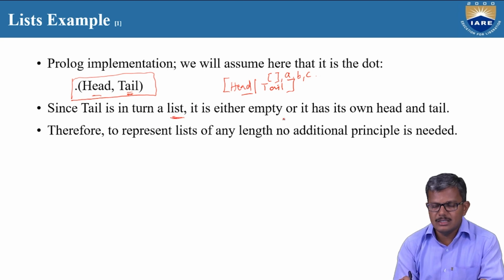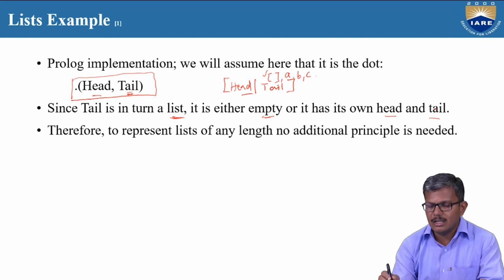That's why I said it can either be an empty one, or it can have its own head and tail again. For example, if you represent it in square brackets, it will be like this: A, pipe symbol, B, C, D.